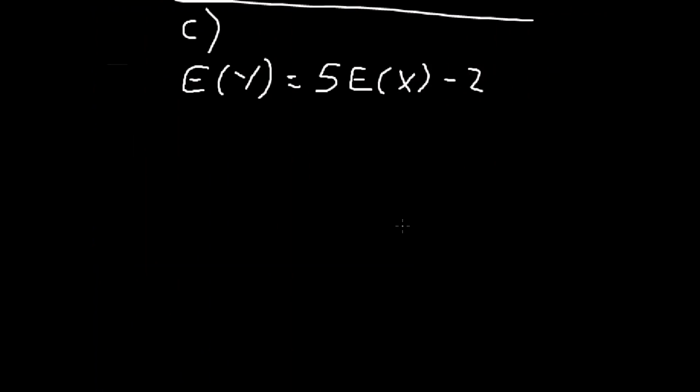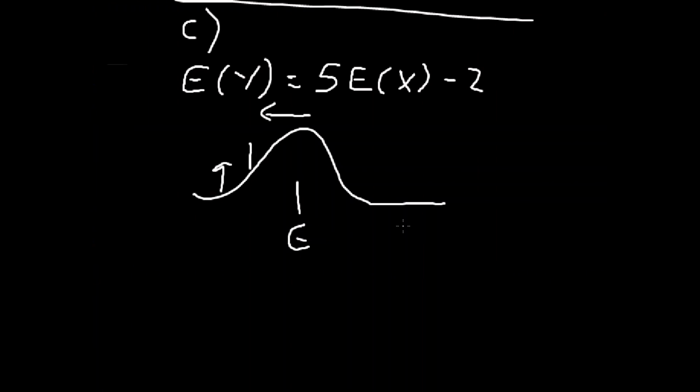Like that minus 2, originally it comes from here, and our expected value is here, and we're just going to move everything by minus 2. And then we say times 5, so everything gets stretched out in a way.